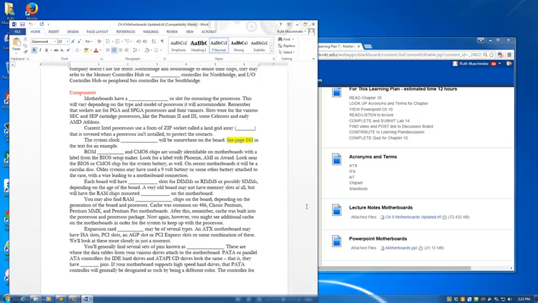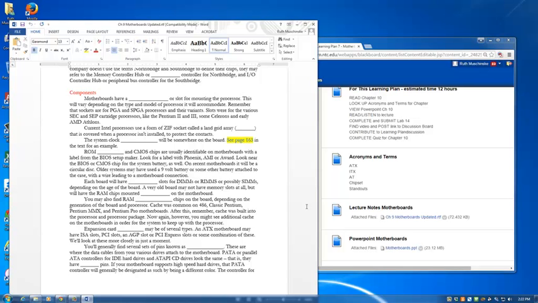You'll generally find several sets of pins known as controllers. These are where the data cables from your various drives attach to the motherboard. PATA, or parallel ATA controllers, for IDE hard drives and ATAPI CD drives both look the same. That is, they have 40 pins.